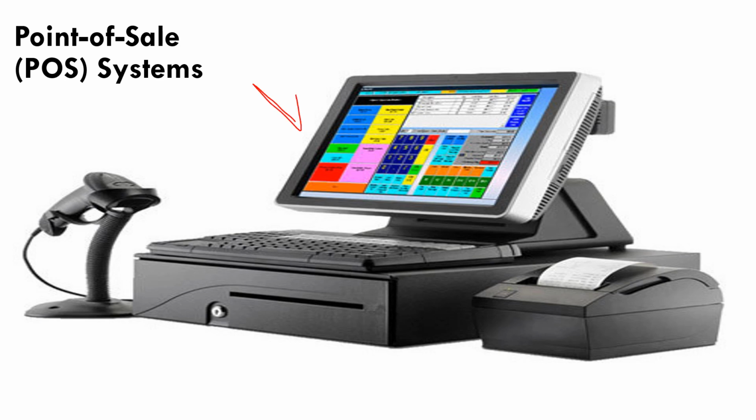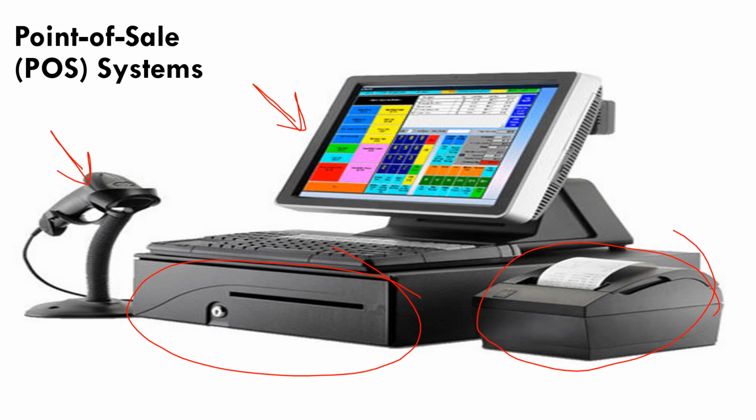a screen to display the items for sale and the transaction. It also has a scanning machine for the barcode of the product, as well as a printer for the invoice or the bill, and the box under here is to collect the cash.